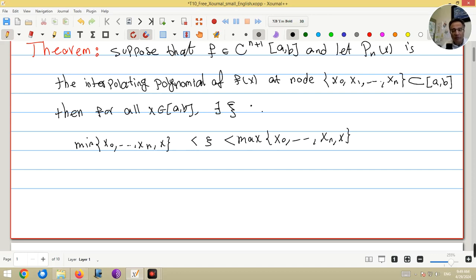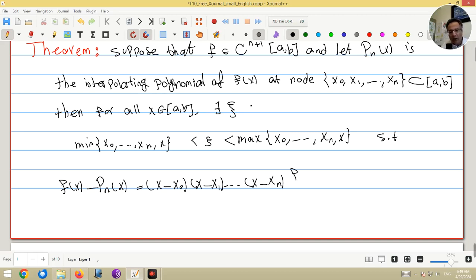Such that f of x minus Pn of x, which is exactly the error, is equal to (x minus x0) times (x minus x1) times ... times (x minus xn) times f^(n+1) of c, the (n+1)th derivative of f at c, over (n+1) factorial. Okay, this is the theorem.